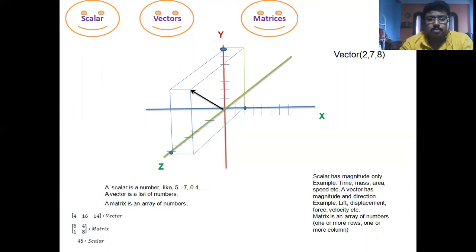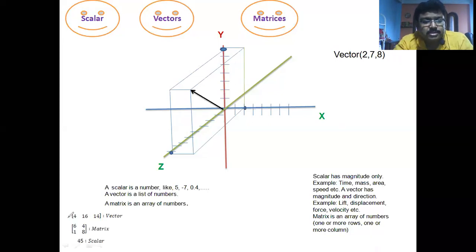Now, what is a matrix? A matrix is an array of numbers. Look, for example, this is an example of a vector.